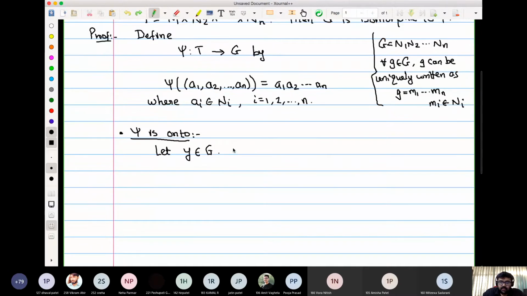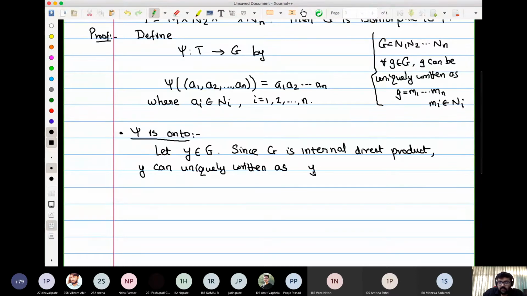So Y, since G is an internal direct product, can be written as, Y can be uniquely written as, see the definition, uniquely written as A1 A2 A3 up to AN, where AI is in NI.